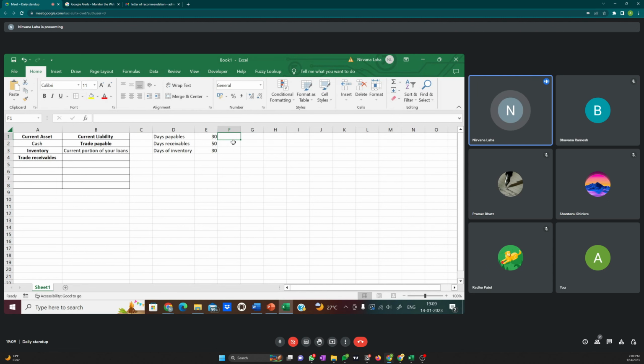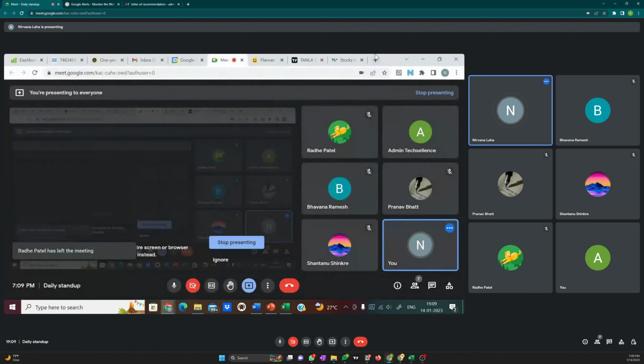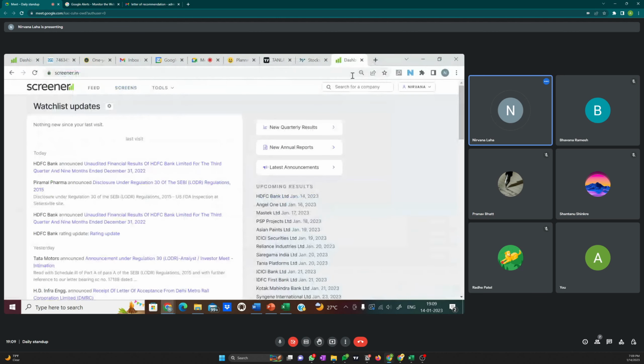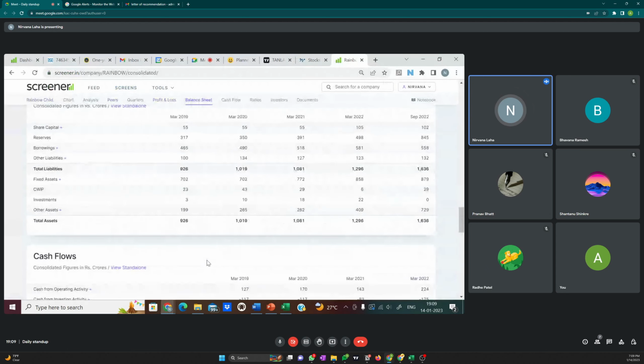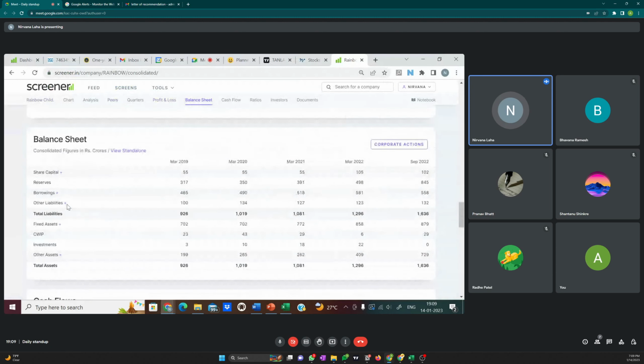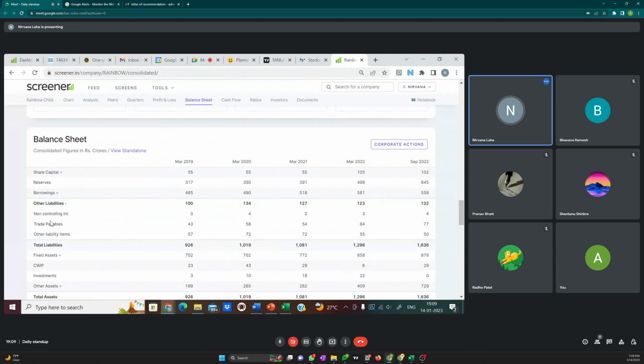I mean, what does days payables mean on a balance sheet? Let's go to a balance sheet. Let's go to say Rainbow. This is the balance sheet. So for days payables, I will come to liabilities. So trade payables is 77 crores.